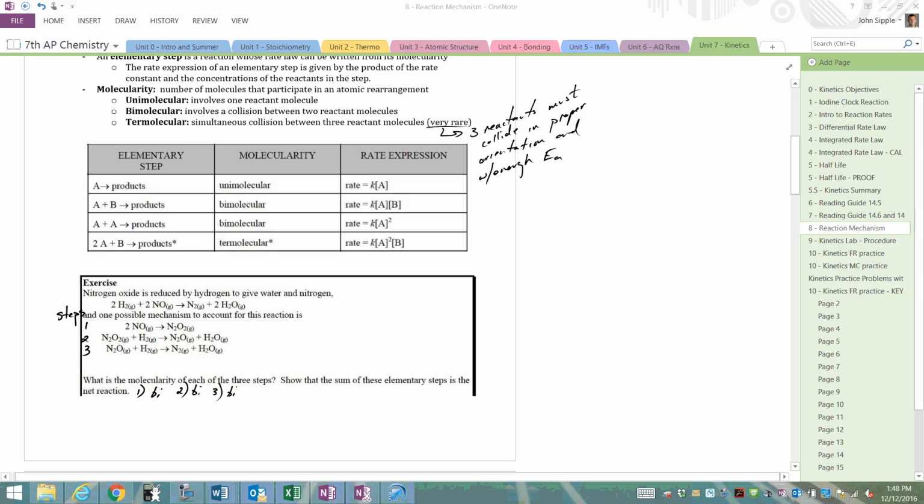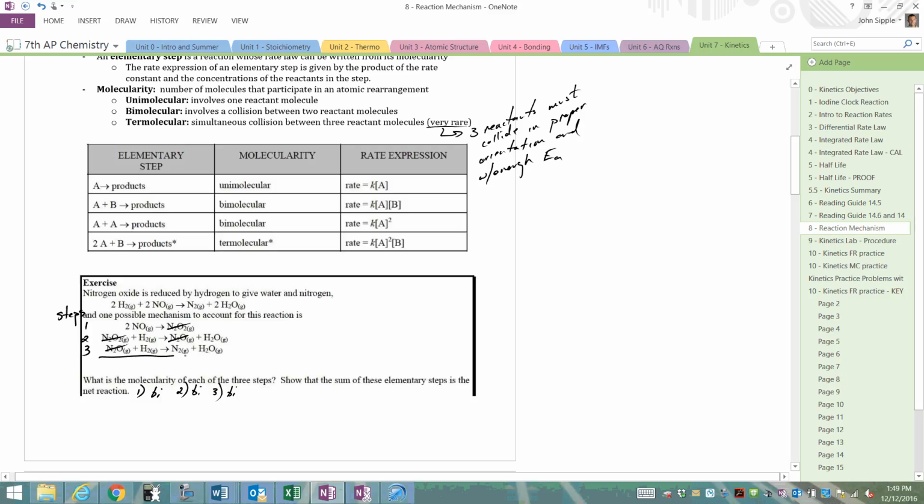Tell me what substance I'm looking for. N2O, great example. N2O is produced in one reaction and then consumed in another. N2O2 is another one. Good job, Israel.